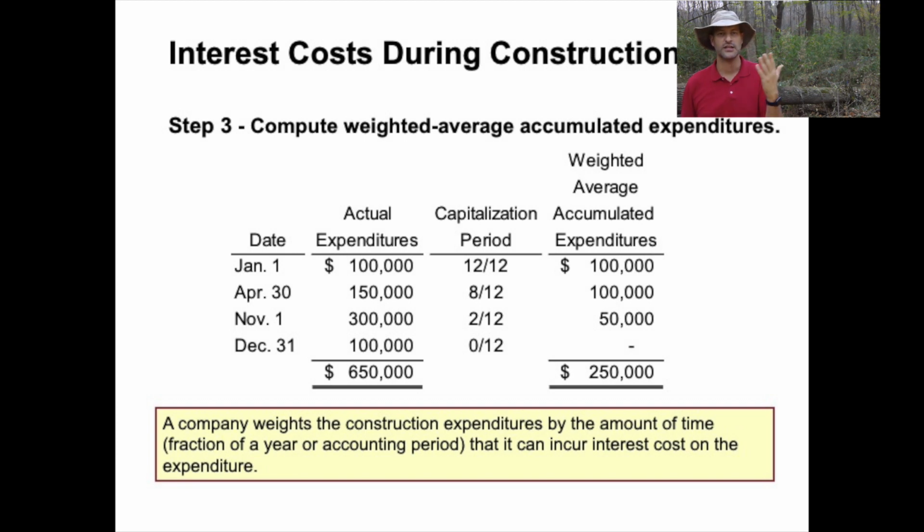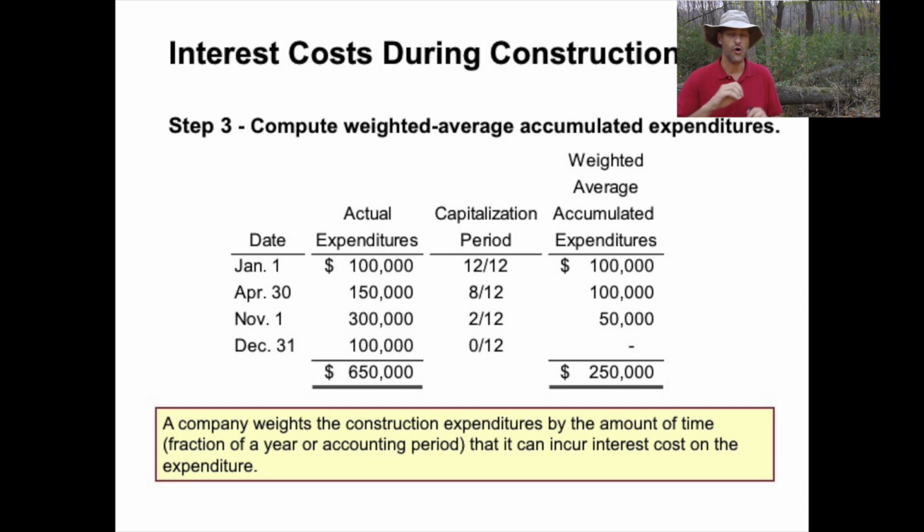Obviously the $100,000 on January 1st was outstanding the whole period, so 12 out of 12 months. So the weighted average is $100,000 because it was the whole year. The April 30 payment was outstanding for 8 months, November was 2 months, and the December payment wasn't outstanding at all for the year. So when we calculate the weighted average accumulated expenditures, we end up with $250,000.